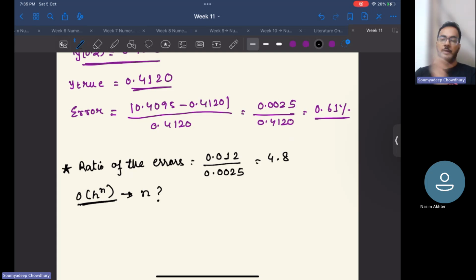O of h square accurate means the ratio of the errors to the ratio of the step sizes is 2 here. If we take the log, then the log of the ratio of the errors is equal to n times the ratio of the step sizes.